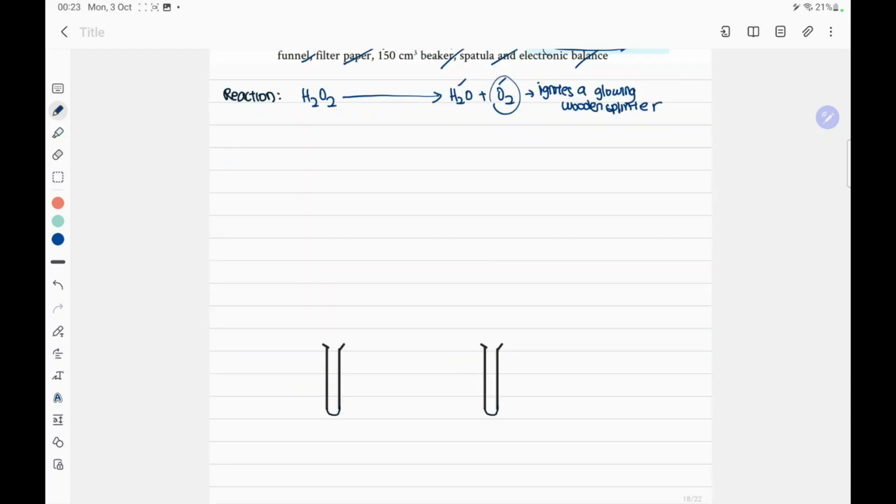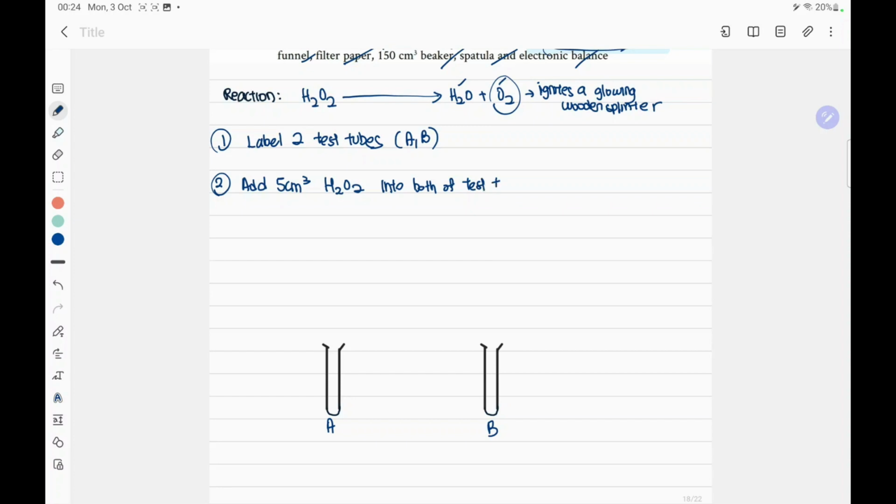As you can see, I've drawn two test tubes. The first step is to label the two test tubes, obviously, because test tubes look exactly the same. I'll be using A and B. This is our test tube A. This is our test tube B. The second step: we need to add 5 cm cube of hydrogen peroxide solution into both of the test tubes.